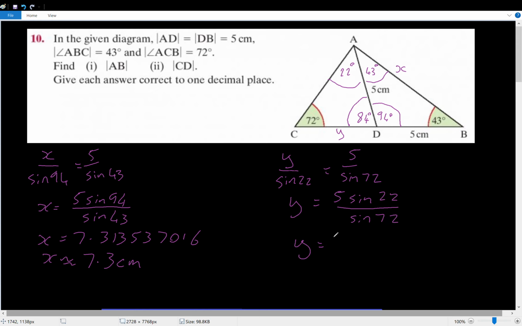Which means that our Y is equal to 1.96942341. So that means that Y is approximately equal to 2.0 centimeters. And that is that.